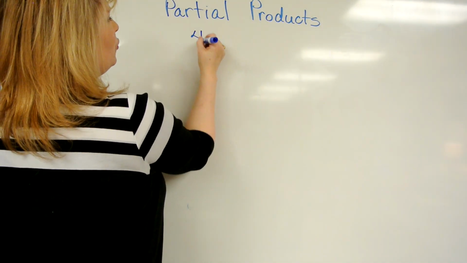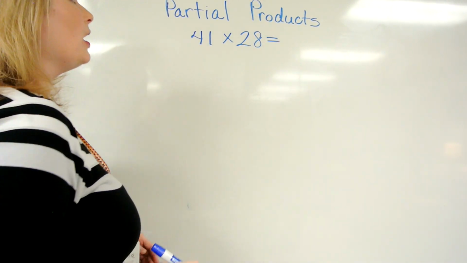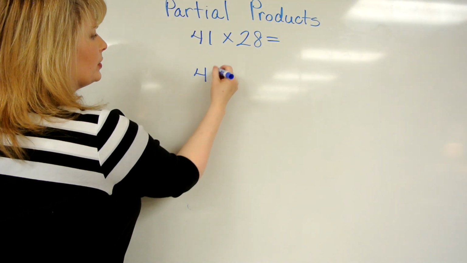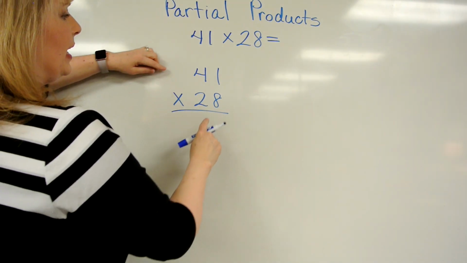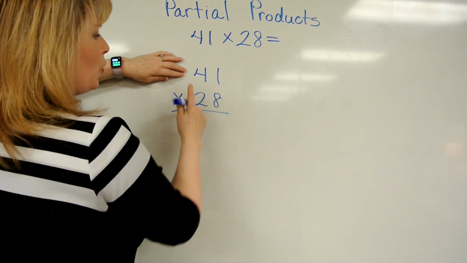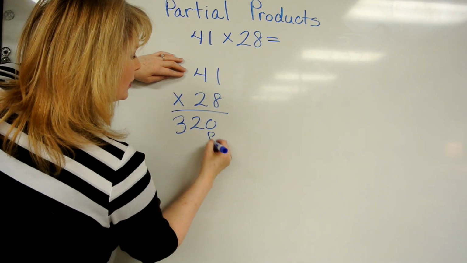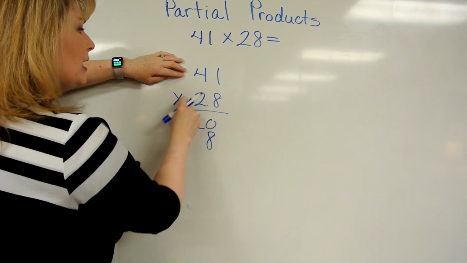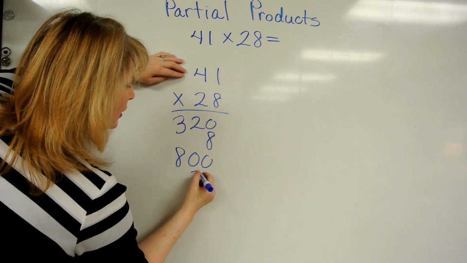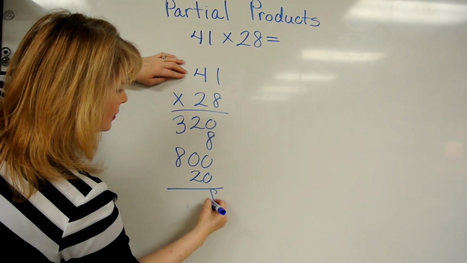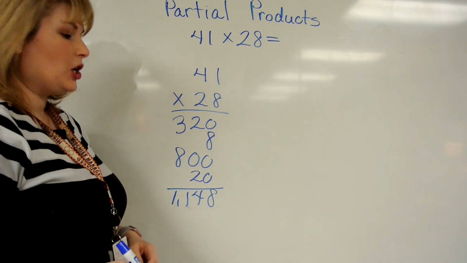let's do 41 times 28. All right? If I write it like this, I want the children to literally say, okay, 8 times 40, 320. 8 times 1, 8. 20 times 40, 800. 20 times 1, 20. 1,148.